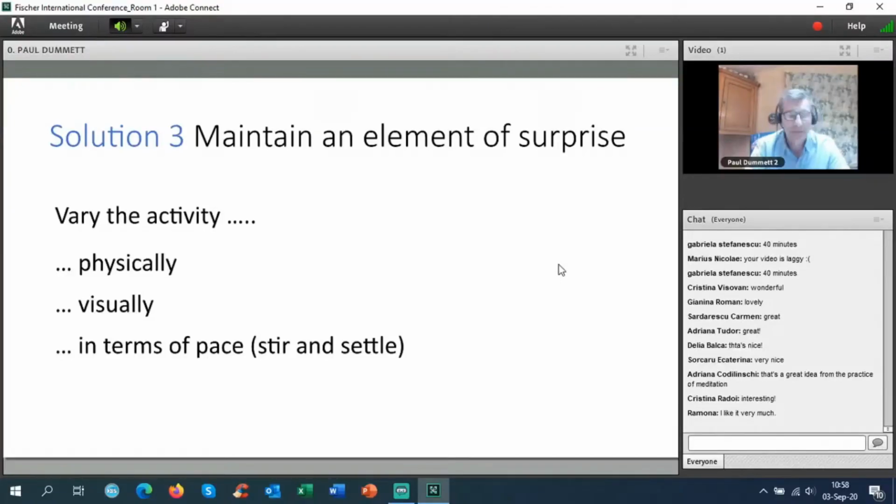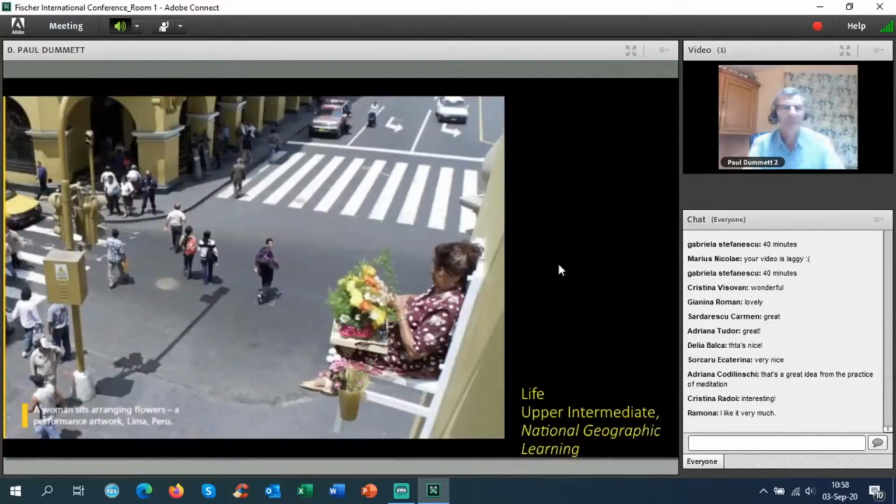So this particular picture, the first picture I'm going to show you, if my screen will move on, here we go, is from a unit in Life Upper Intermediate, and it's actually an introduction to the topic of art and creativity. I don't know if anyone is familiar with this picture, but perhaps you'd like to tell me what this woman is doing.